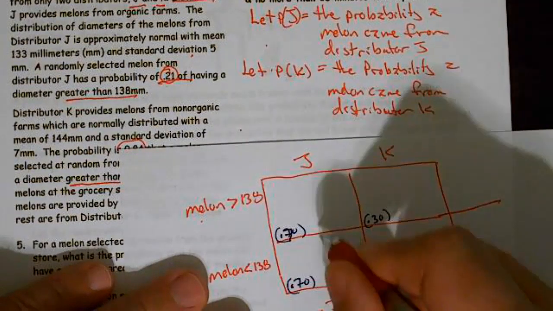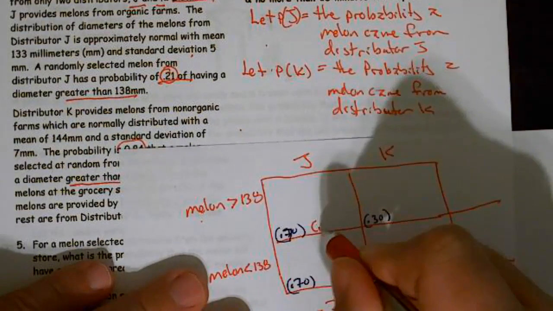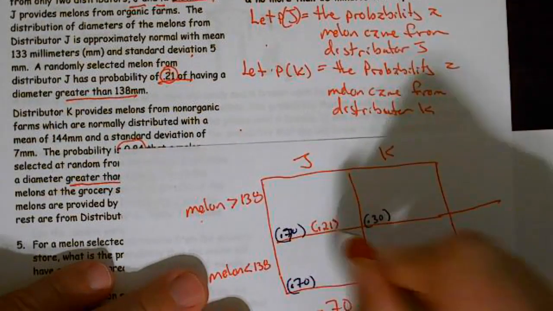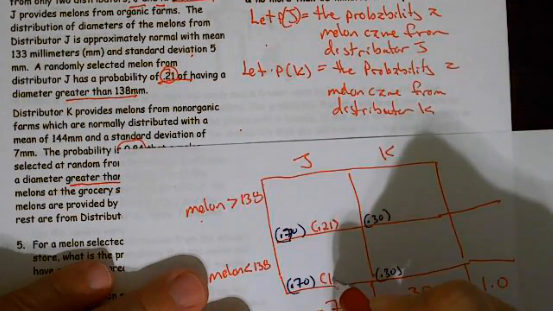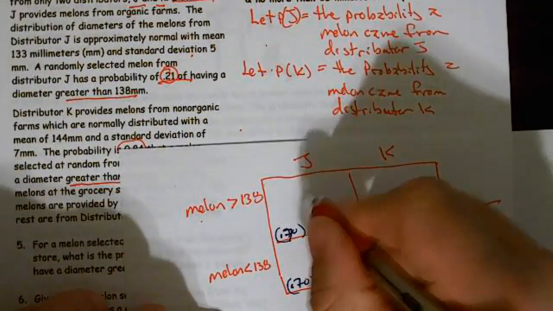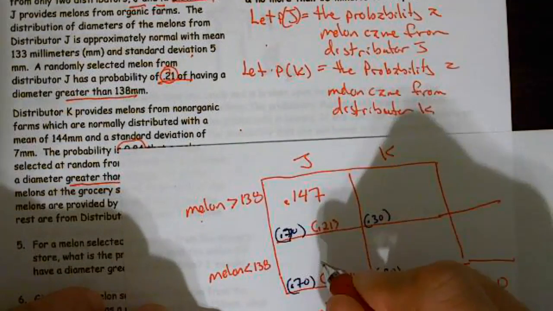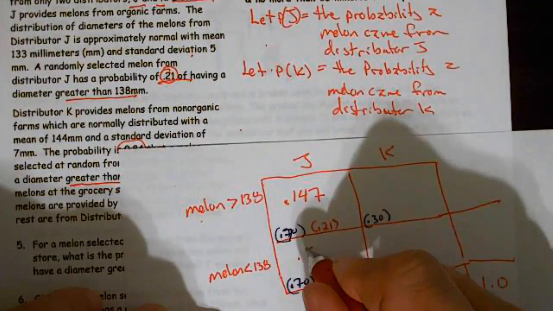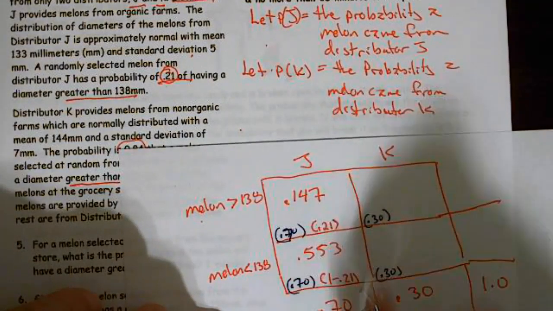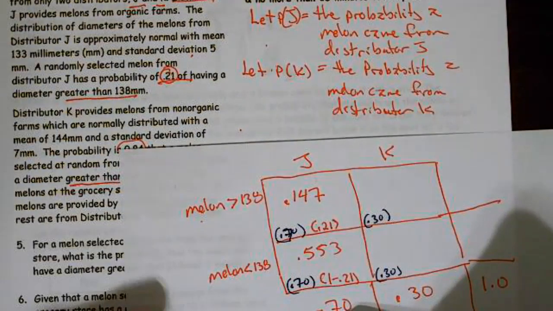So this is 0.21 right here, and this is 1 minus 0.21. When I multiply those out, I end up getting 0.147 and 0.553. And these two values should sum up to 0.70.